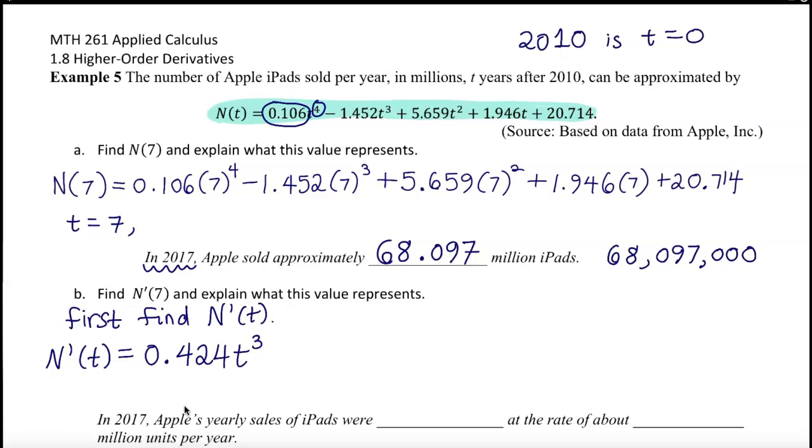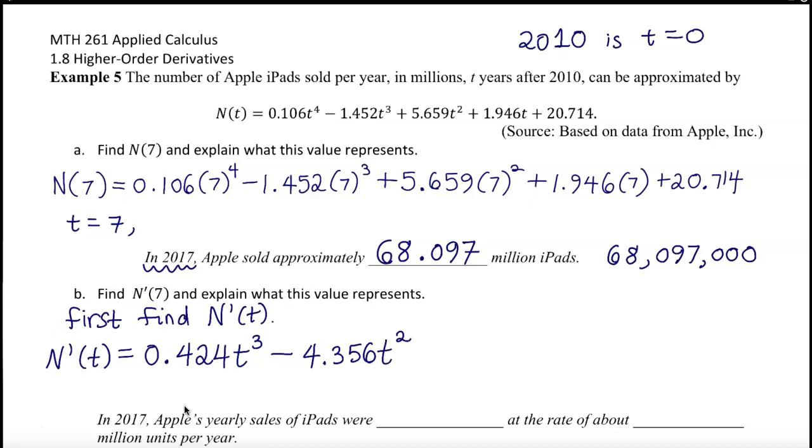So we're done with the first term. Whew. Next, I'm multiplying 3 times 1.452, and this was a subtraction in between, so let me put that minus sign, 4.356 t squared, right? Doing good.